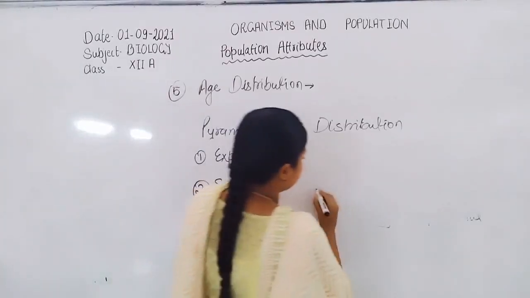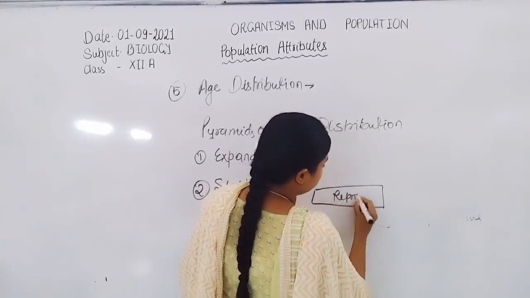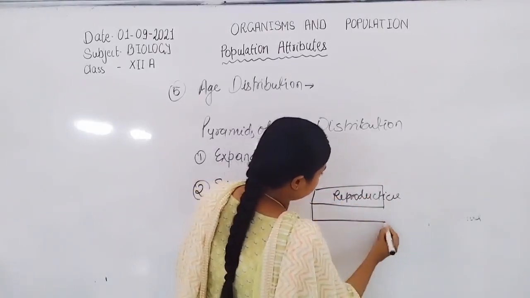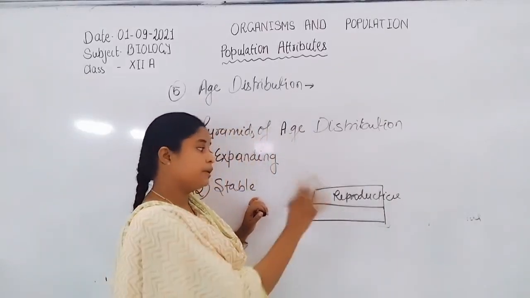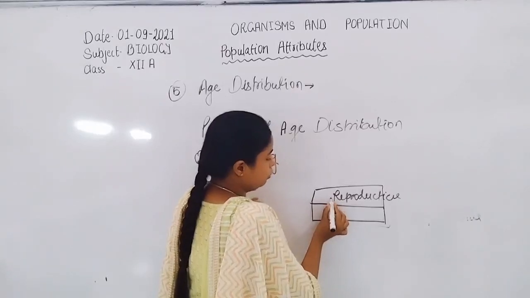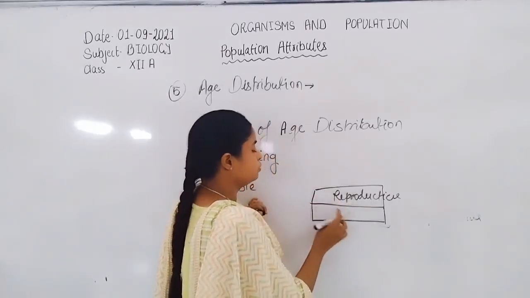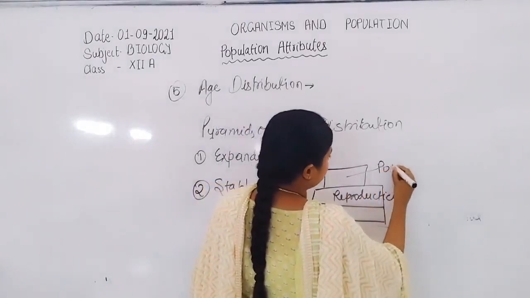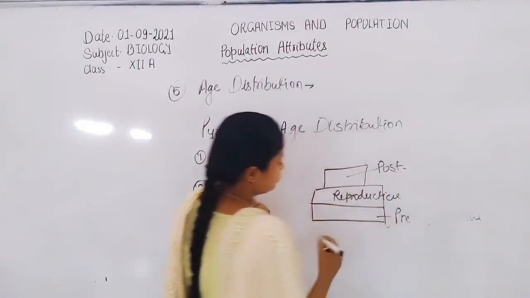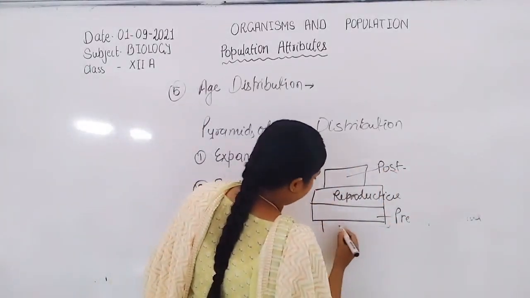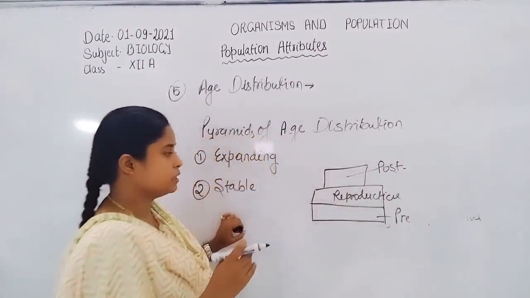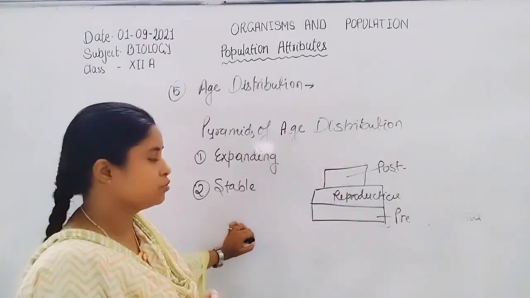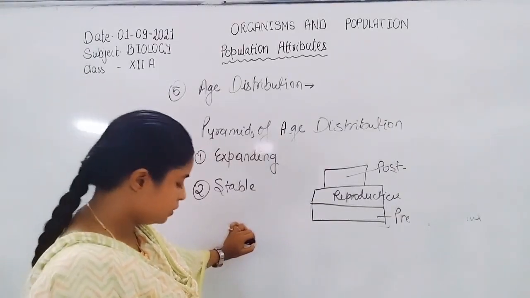On the basis of the graph, if the number of individuals in the reproductive phase is equal to the number of offspring they produce, so that the number of individuals in the reproductive phase is similar to the number in the pre-reproductive phase, then that type of population is known as a stable population. That's why this population is of stable type.